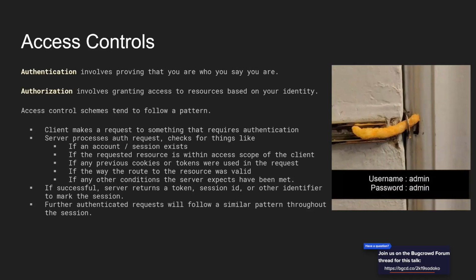Are there any previous cookies or tokens used in the request that point to you already having that authorization? Is the route to the resource actually valid? So how did you get there? Did you get there from Google dorking, or from within the application itself? And are there any other conditions the server might expect beyond this?